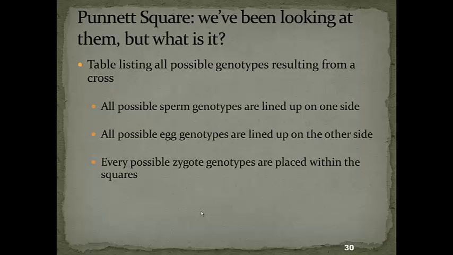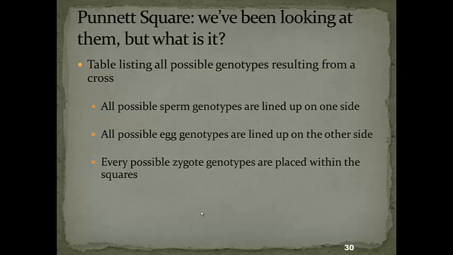Okay, so let's back up a sec. We've been looking at Punnett squares, but what are they? It's a table. It lists all possible genotypes resulting from a given cross, so what a given dad and a given mom will contribute to their offspring. What we do is line up all the possible sperm genotypes on one side and then all the possible egg genotypes.